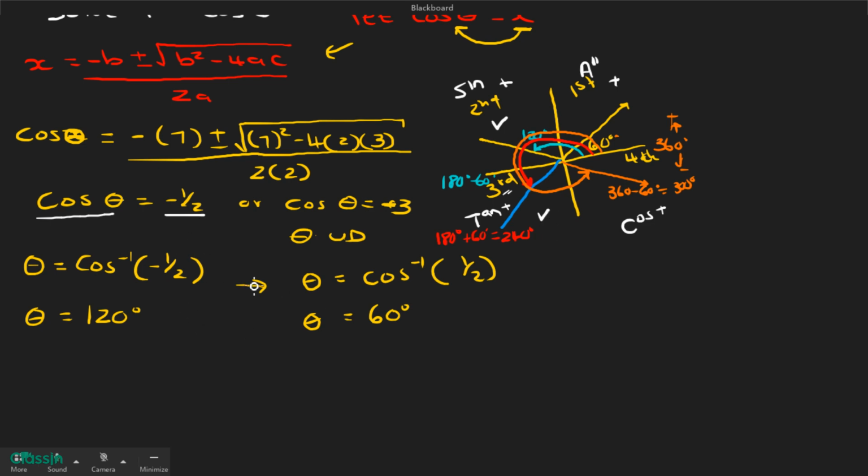So this means that the angle we are looking for must be in the second quadrant and the third quadrant. We found 120, and we can only get it because here we have said negative.